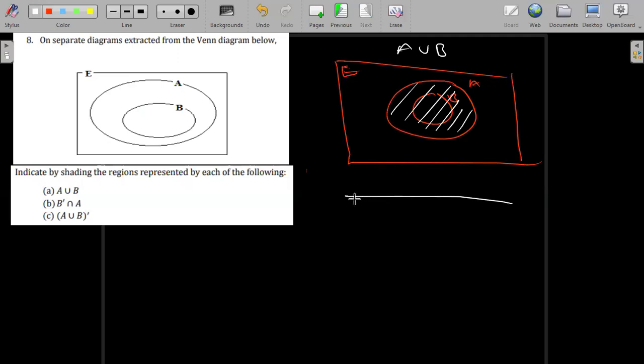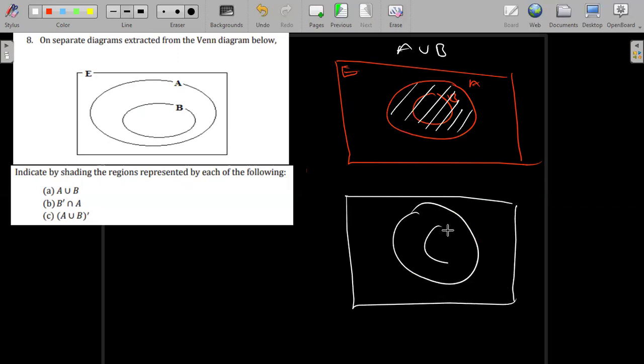Then for the next one, I have this. Okay, so that's A there and that's B there.